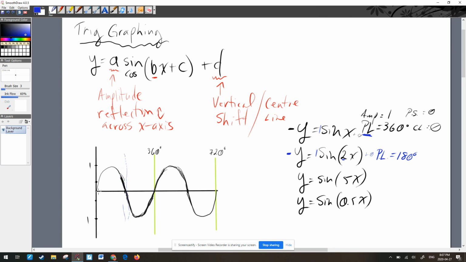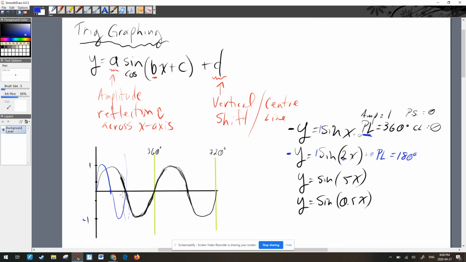It means it's got to have an entire cycle finished by then. This is only half a cycle, right? A full cycle is from this spot to this spot. It's got to go all the way up, down, and then back up to the center line again. So this one's halfway point now is here. It's got to get all the way up to 1, all the way back down to -1, and all the way back up like that.